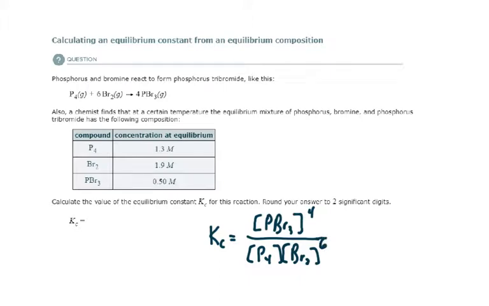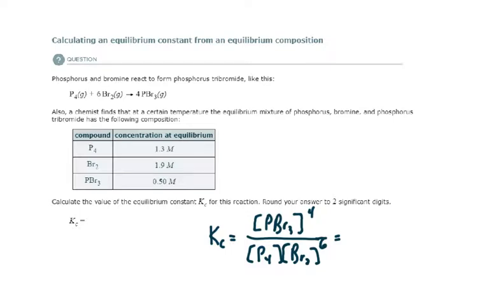Now our next step is to substitute our concentrations here, because again, this represents equilibrium. So at equilibrium, the equilibrium constant is going to be equal to this concentration at equilibrium to the fourth power divided by this concentration times this concentration to the sixth power. So these concentrations are not just any concentrations, but equilibrium concentrations.